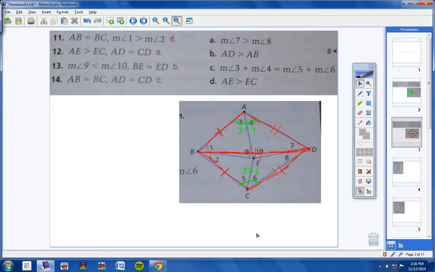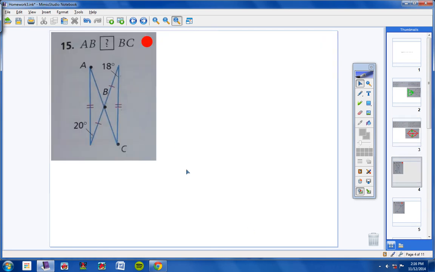All right, moving on. Number 15. Now please look carefully, students. I have two sides of this triangle here congruent to two sides of this triangle over here. And look at the included angle. One is 20 and one is 18.